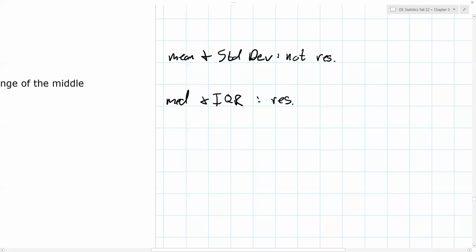And so if you have data that's not nice and neat and normal, and you have outliers or it's skewed, you'd want to use statistics that are resistant to those outliers. And that's what the median and the IQR are for. If the data is nice and neat and normal, the mean and the standard deviation can be used because we don't have those outliers.